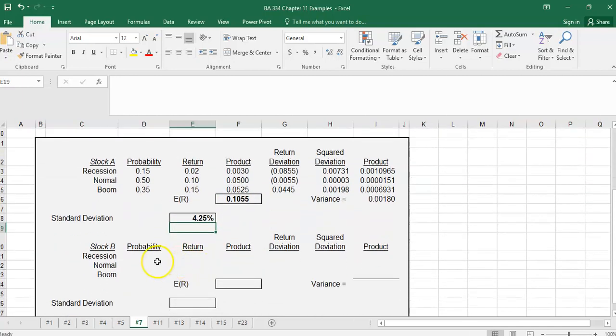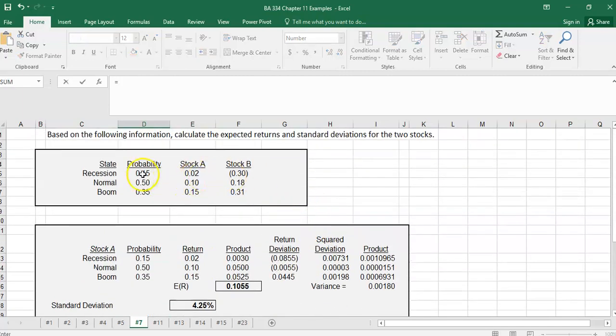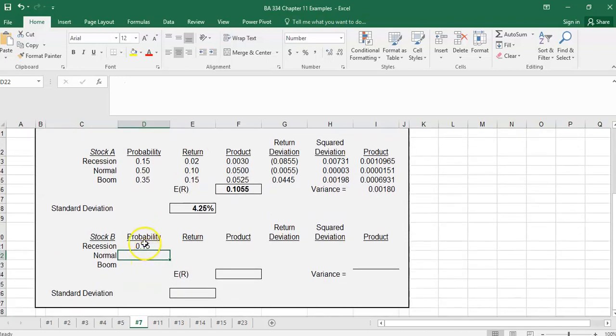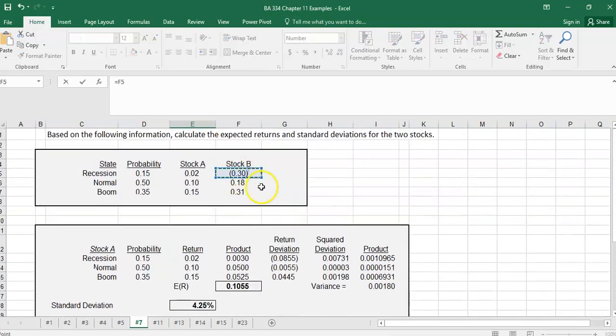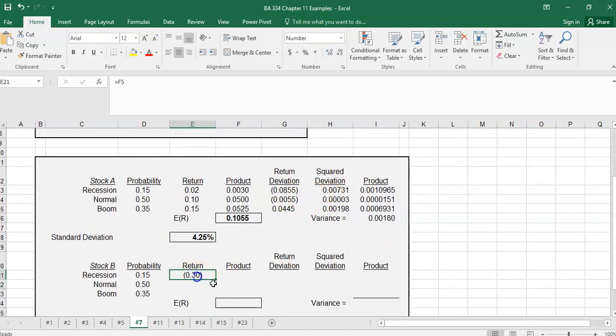We do the same thing for stock B. So we bring down the probability for our different economic states. We bring down the potential for returns for stock B in those economic states.